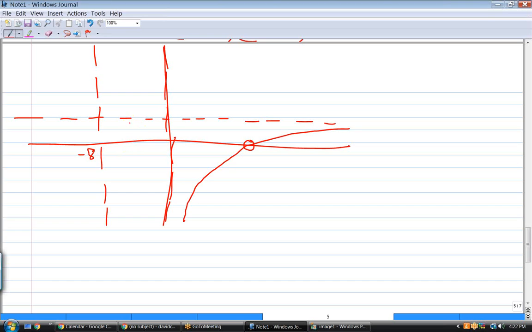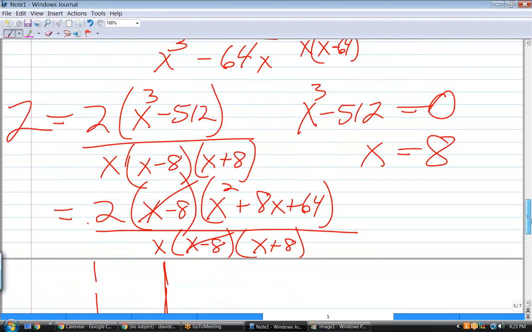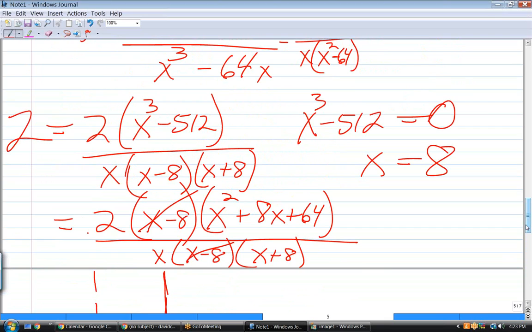You can't cross vertical asymptotes, but you can cross horizontal asymptotes. I know it doesn't cross the x-axis; we didn't find any zeros there. It might cross here, so it'd be worthwhile knowing if there's a point in there where it's equal to 2. So now I have to solve that equation.